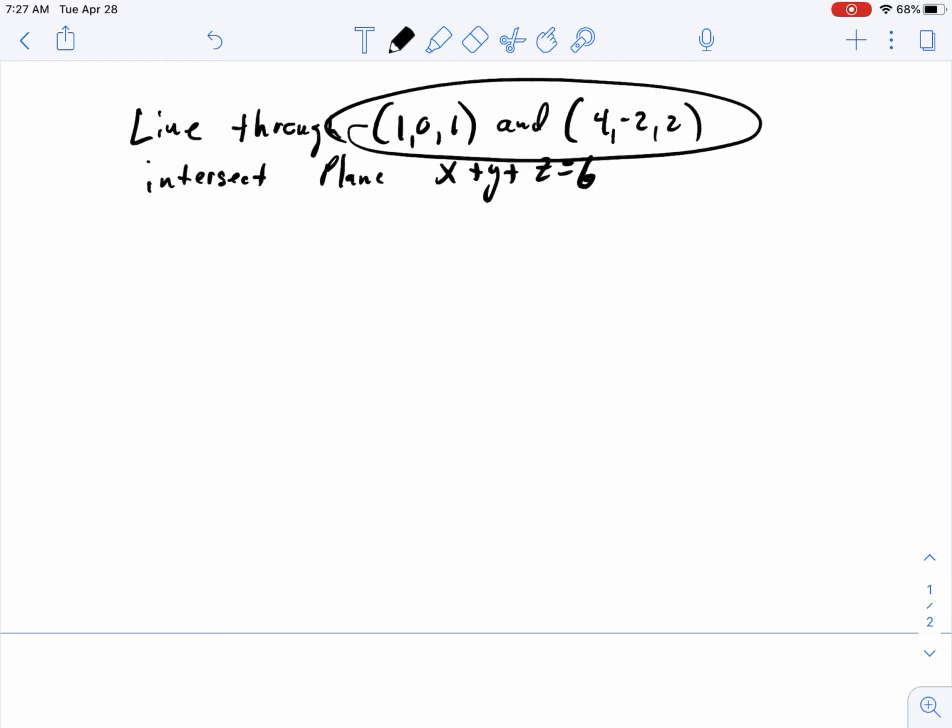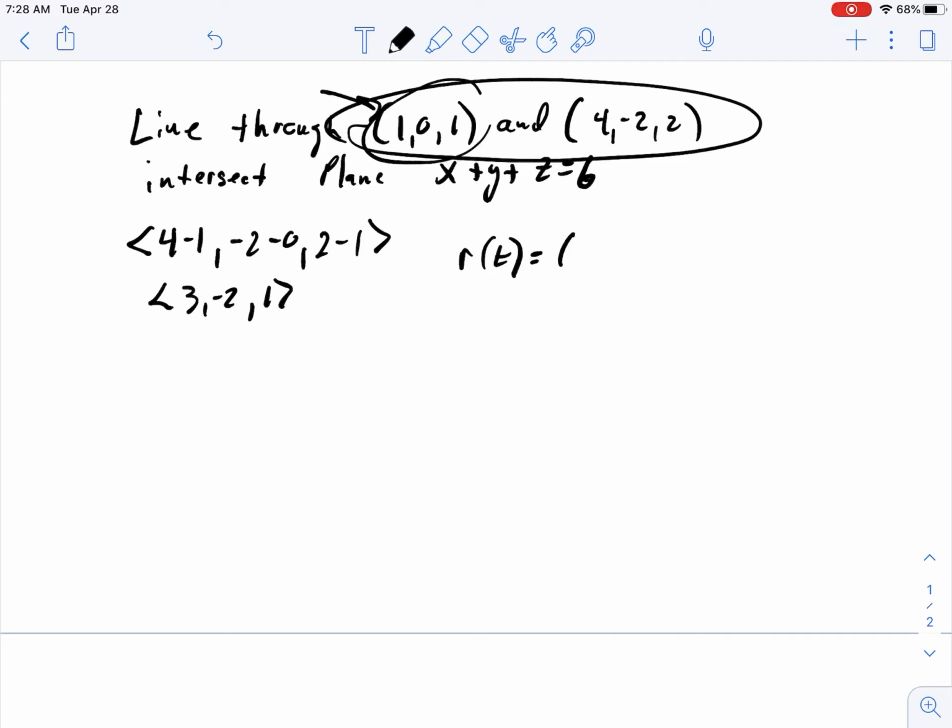is find the equation. So you've got to have the direction of the line, and I'm assuming we'll start with this point here. So it'll be 4 minus 1, -2 minus 0, 2 minus 1. So you have 3, -2, 1. That's the direction of r(t).